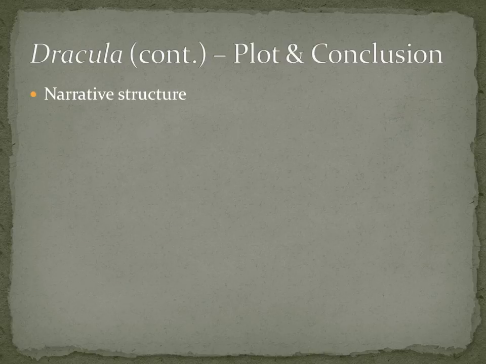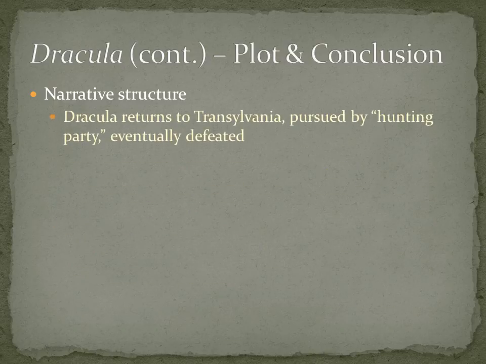Obviously, narrative structure is very important in a novel, like we talked about last time. Now we can look at the whole narrative structure, though, since we've read the ending. What's interesting is, as the hunting party, so to speak, which, remember, is Harker, Van Helsing, and the three suitors, Seward, Godalming, and Quincey Morris, these five are pursuing Dracula in the second half.